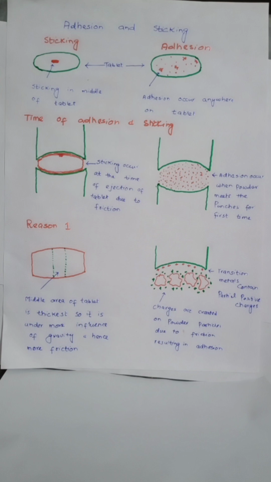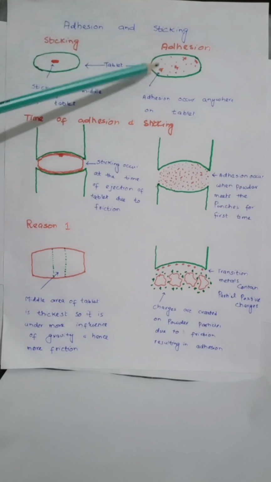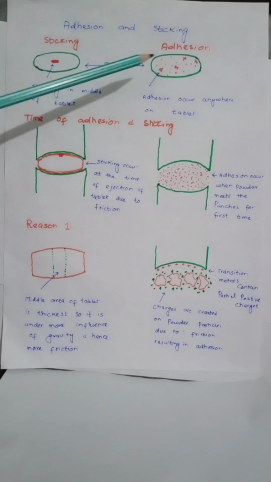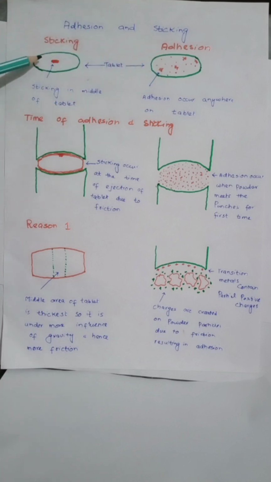Our today's topic is about adhesion and sticking. Sticking appears always in the middle area of the tablet, while adhesion can appear anywhere on the surface of the tablet. The reason for the sticking to appear on the middle area of the tablet is that the middle area of the tablet is the thickest area, and due to being thickest, it is under high force of gravity.